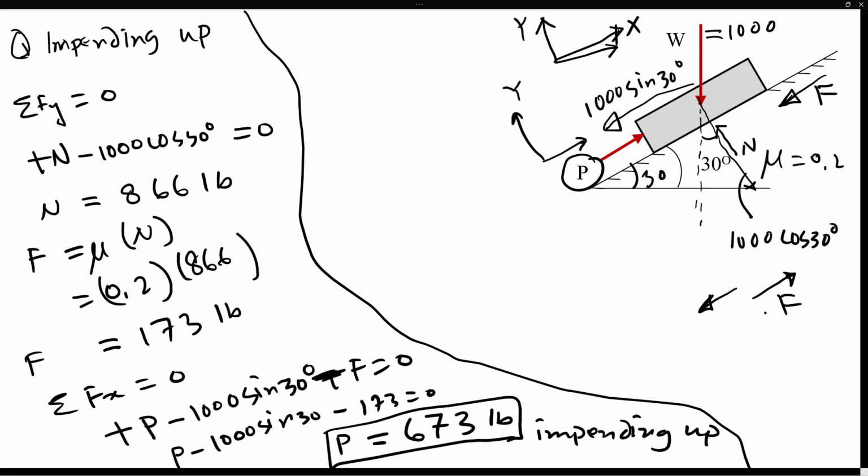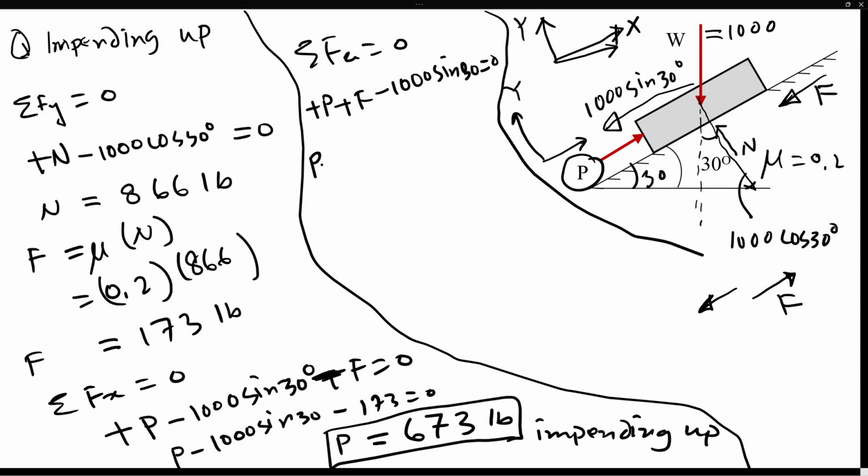That's the only thing that is going to change, everything else stays the same. So the summation of x is going to change. If you write summation of x equals 0 now, that's going to be plus P, again going upward, plus the friction force going upward, minus the component of the weight, 1,000 sine theta, which is going downward.